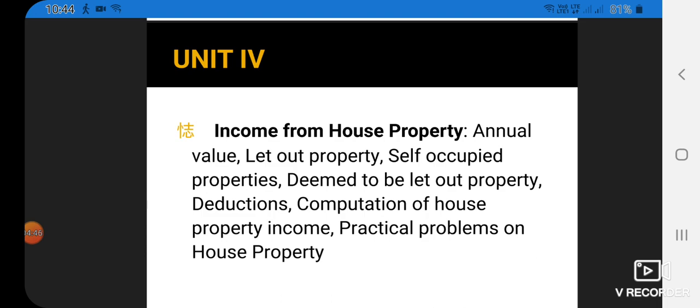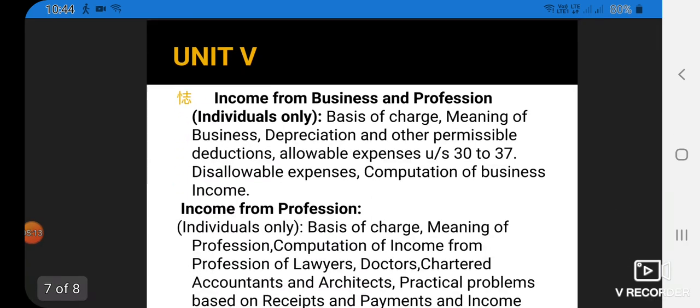Under income from house property, we are going to learn the meaning of annual value, what is let out property, self-occupied property, deemed to be let out property, deductions, computation of house property income, and practical problems on house property. So, fourth unit is all about the problems or the practical sums.